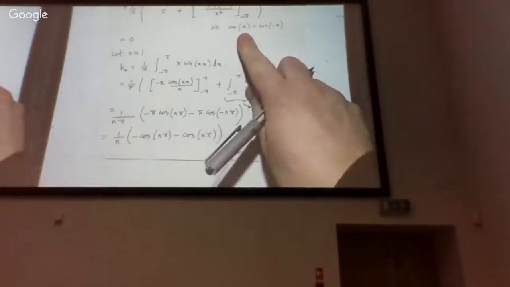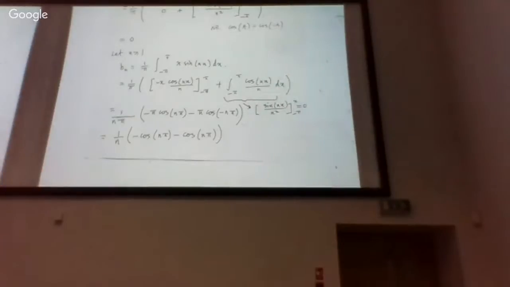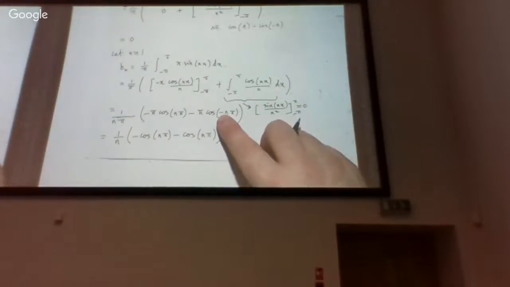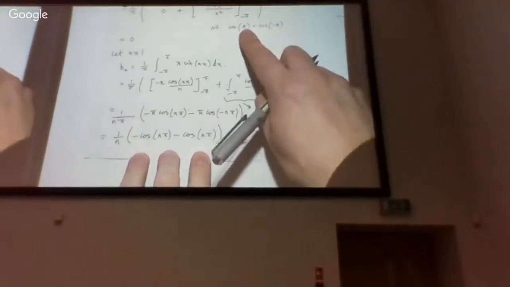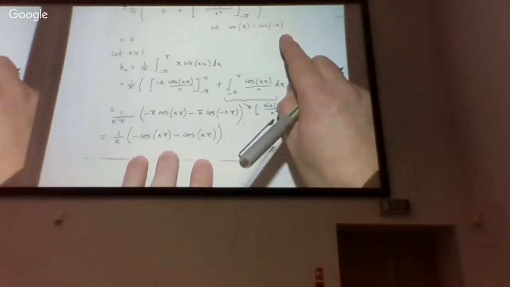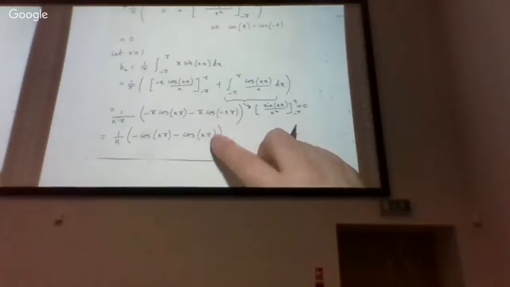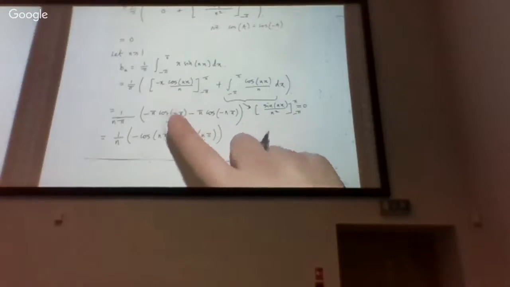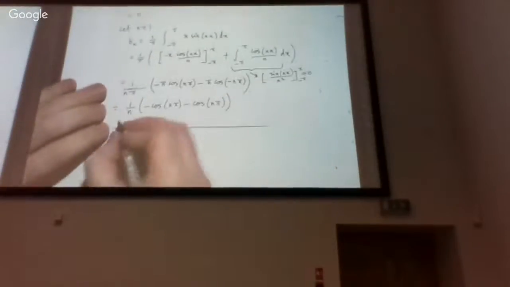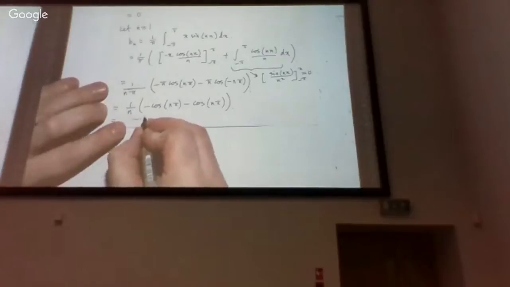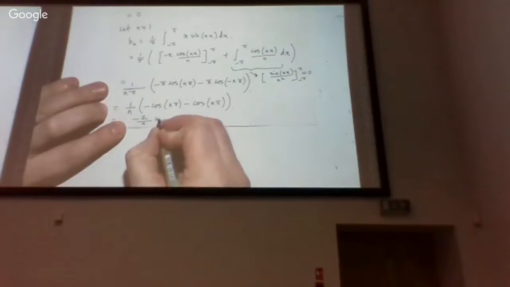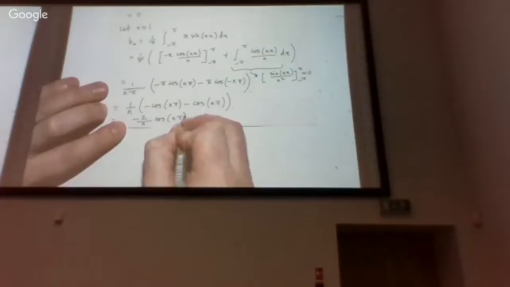Remember, cosine of a is always equal to cosine of minus a. So this minus sign here just evaporates. Cosine always agrees on plus and minus at the same absolute value. So that minus sign there just disappears in a puff, and all the other minus signs remain. So what you're left with is minus 2 over n times the cosine of n pi.